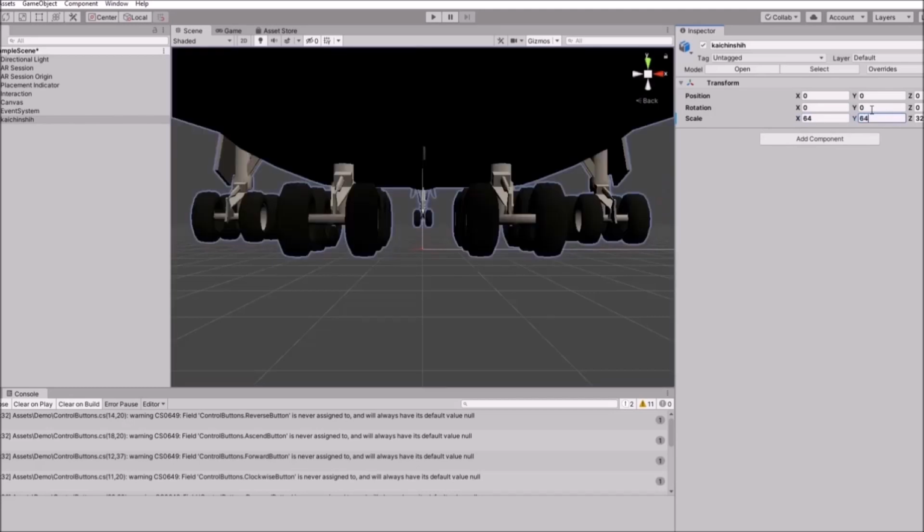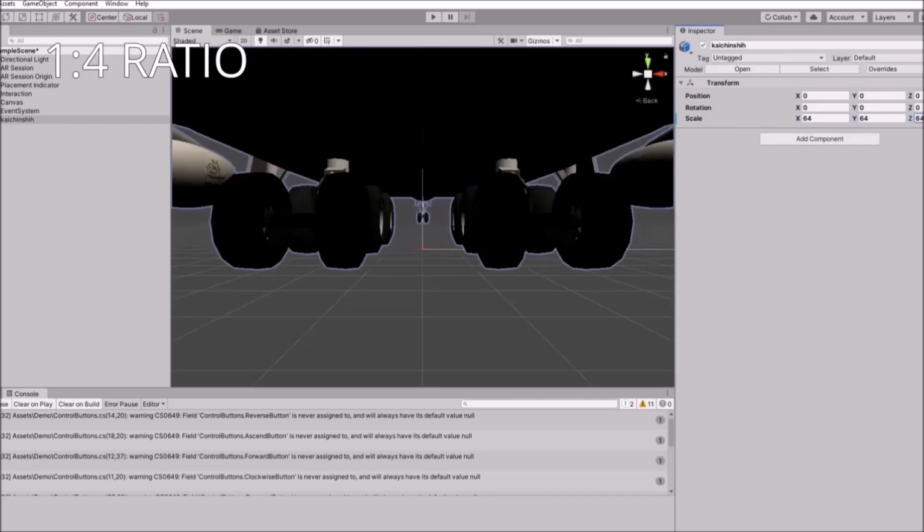Now we are more than a quarter of the size of an actual A380.